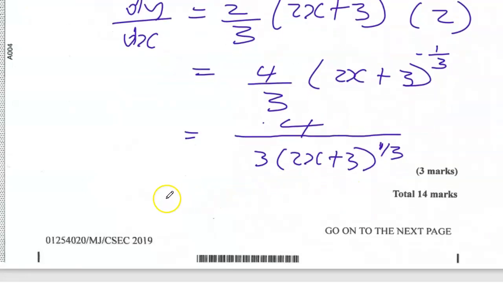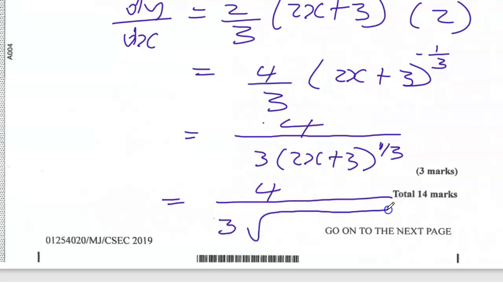And we can also go further and rewrite it as 4 over 3 times the cube root of 2x plus 3. Either this form or this form would work.